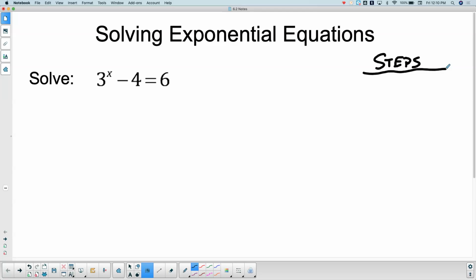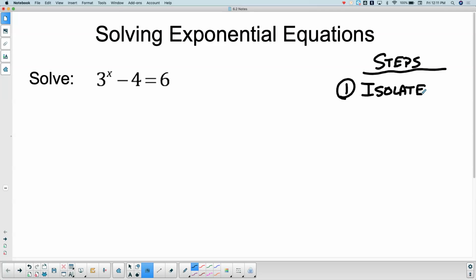So the first step is you need to isolate. If it's a logarithmic equation, you would isolate the log term. If it's an exponential equation, you would isolate the exponential term.